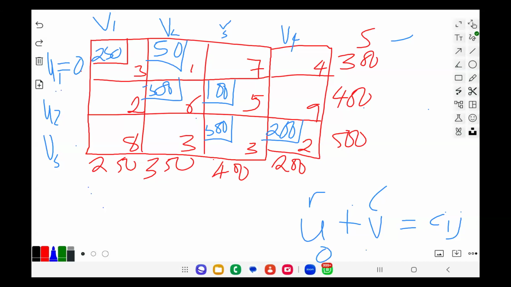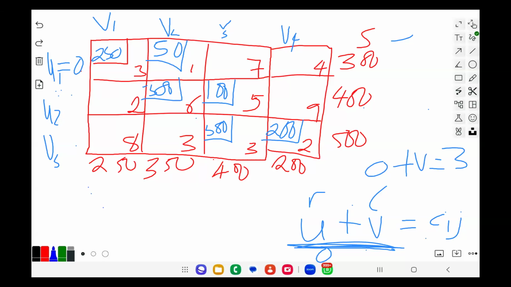Sorry. U1 is always equal to 0, so you have to make sure that you always set it equal to 0. Then from there, you get U1 and substitute into this formula. Remember, U1, which is 0 now, plus V should be equal to Cij. And the Cij in this case is 3, the number which is in the cell that you're looking at. This is the very first cell. We are still dealing with the allocated cells only.